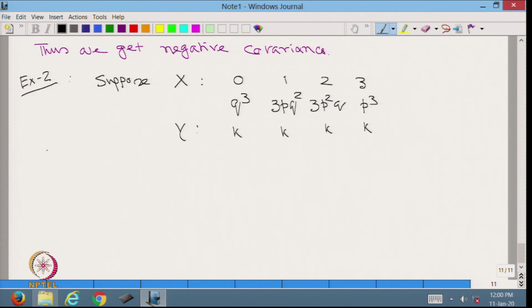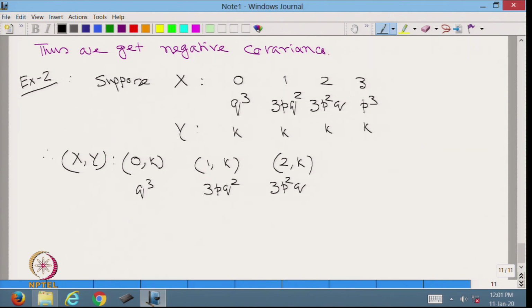That means, x y takes values 0, k with probability q cube, 1, k with probability 3 p q square, 2, k with probability 3 p square q and 3 comma k with probability p cube.